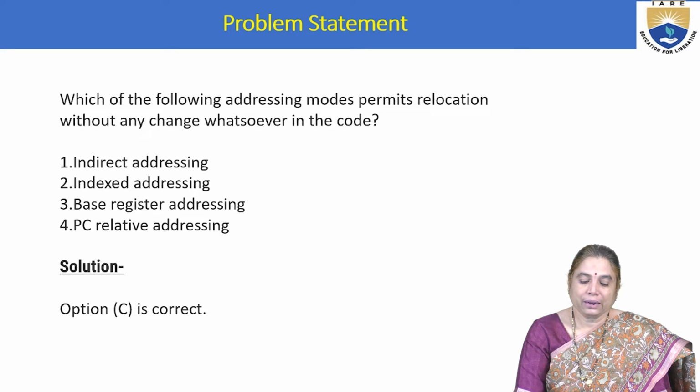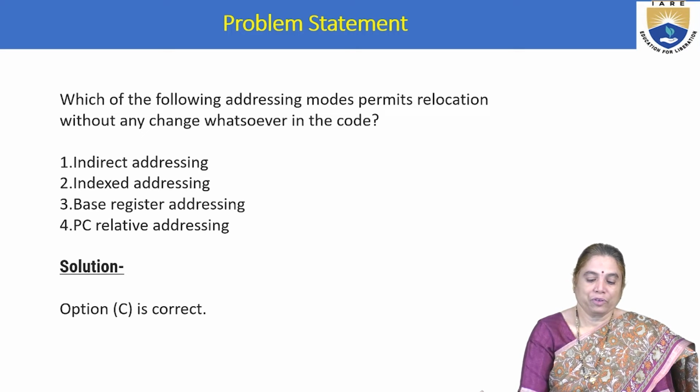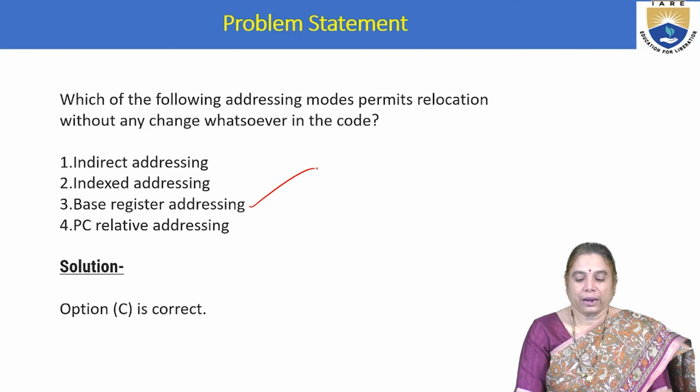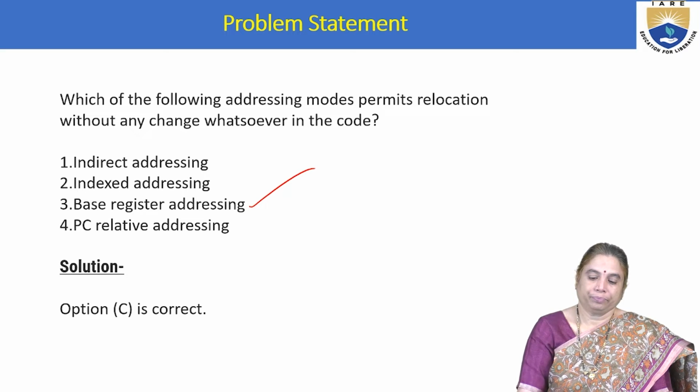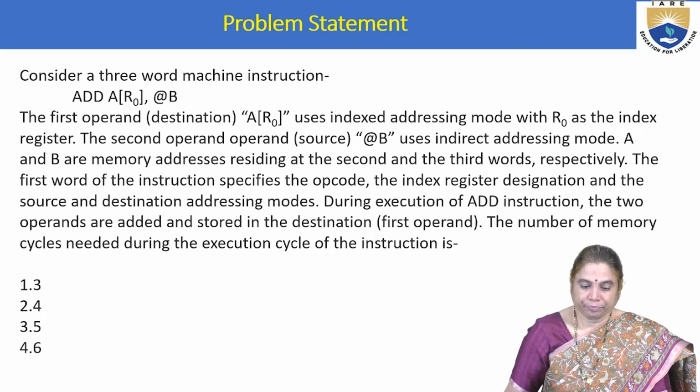Fourth one is PC relative addressing. So relocatable code can be easily achieved with base and relative addressing modes. So base register addressing is more appropriate to permit relocation without any change in the code. So C is the correct answer.